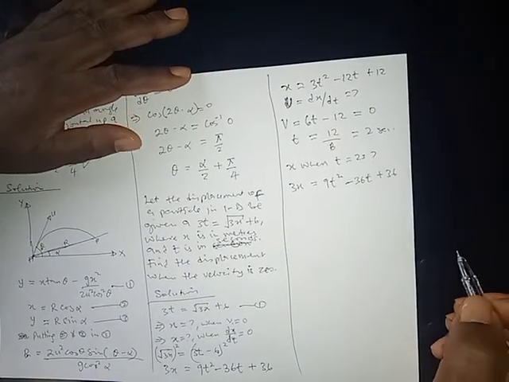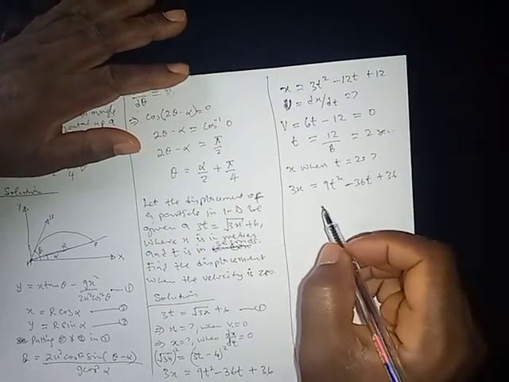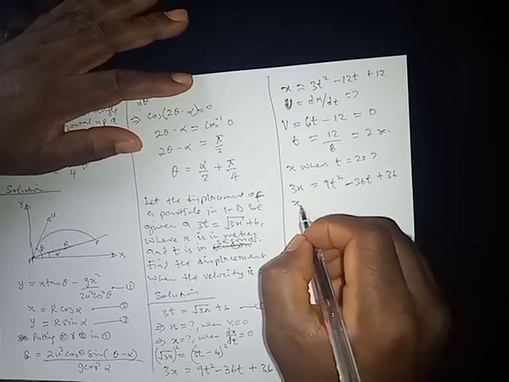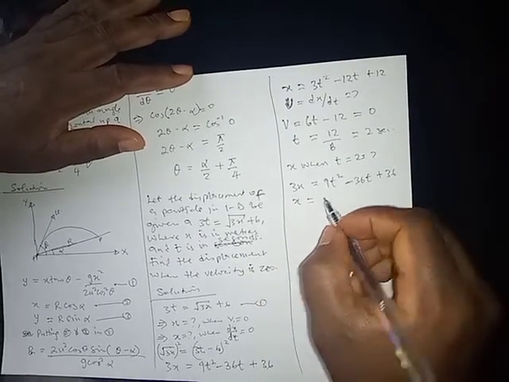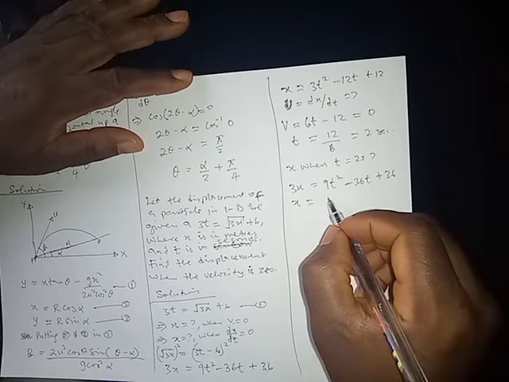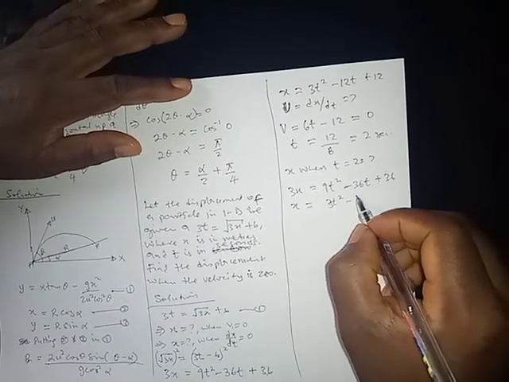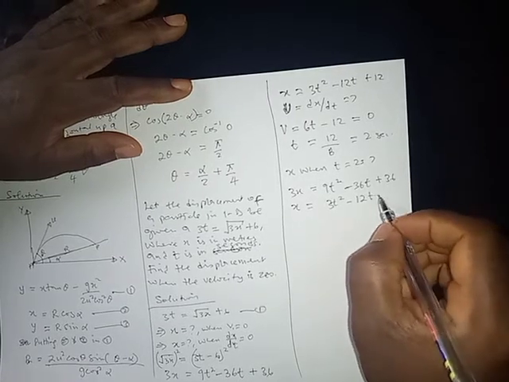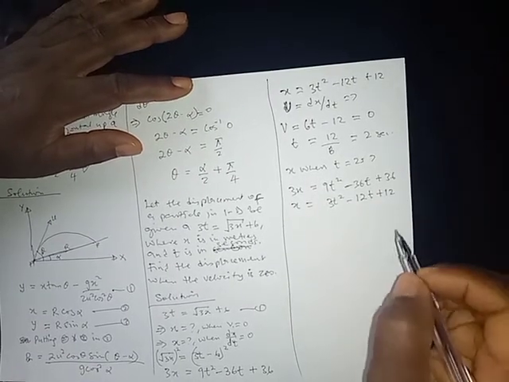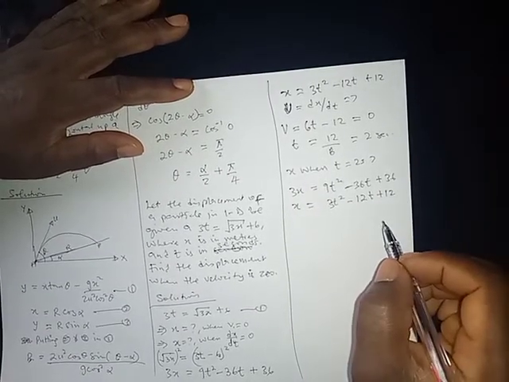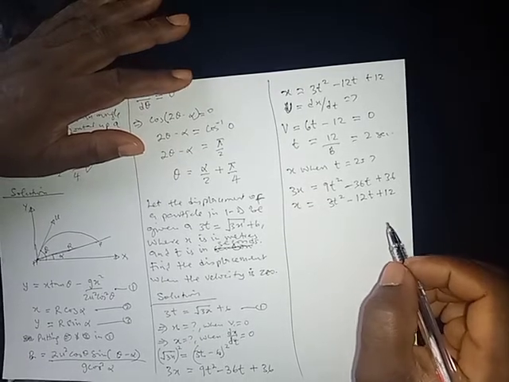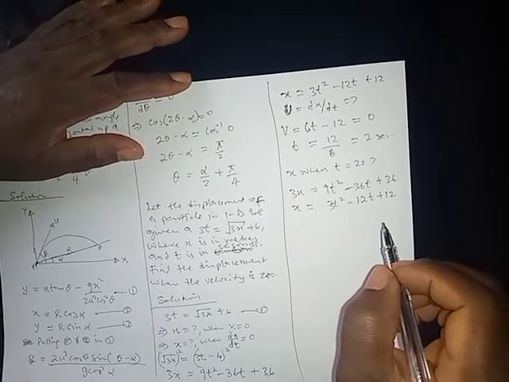That's the equation with small adjustment. So x is equal to 3t squared minus 12t plus 12, when we divide through by 3.